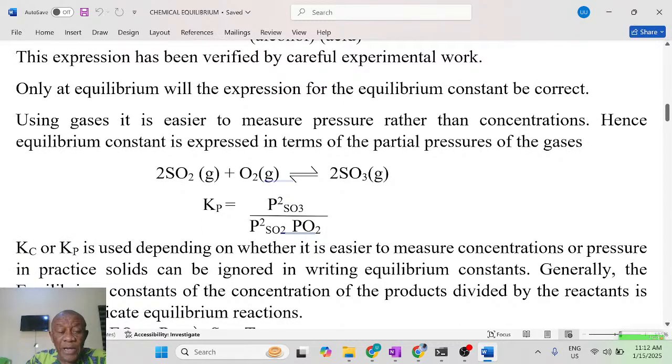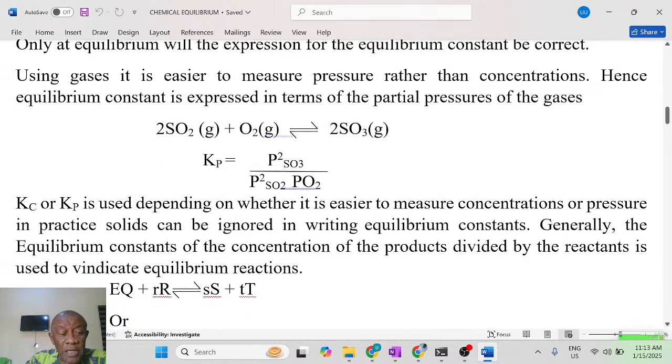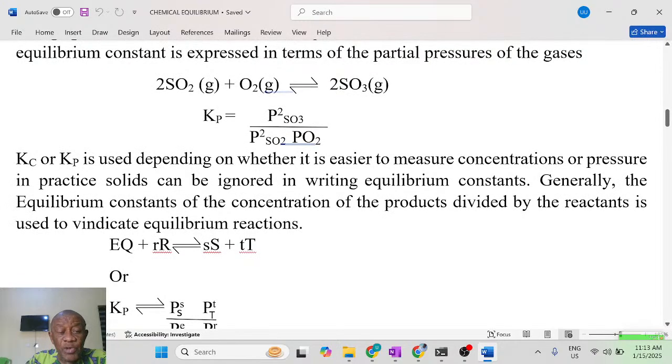The constant for the pressure, Kp, will be equal to P squared SO3, for the product, all over P squared SO2 multiplied by PO2. Kc or Kp is used depending on whether it is easier to measure concentration or pressure.